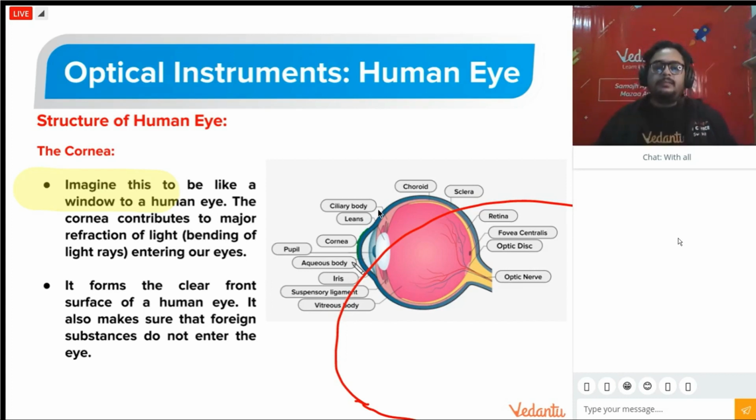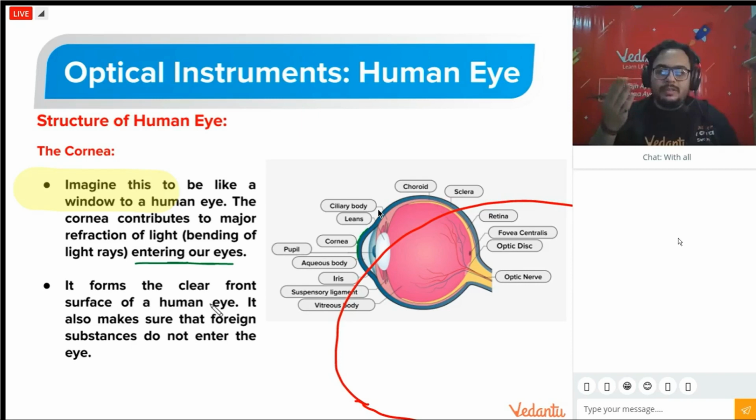Good evening, Twinkle. So what is the cornea? Imagine the eye is a house, then the cornea is the window to the human eye. It contributes to major refraction, the bending of light rays entering our eyes. It forms a clear front surface of the human eye that you can see in the front.